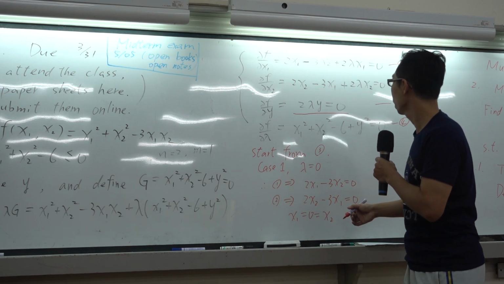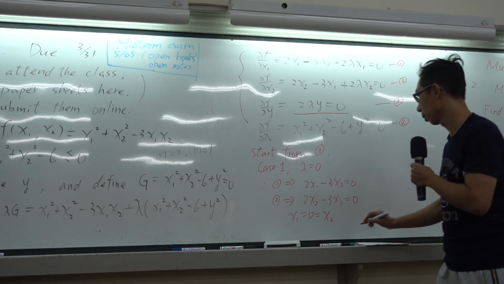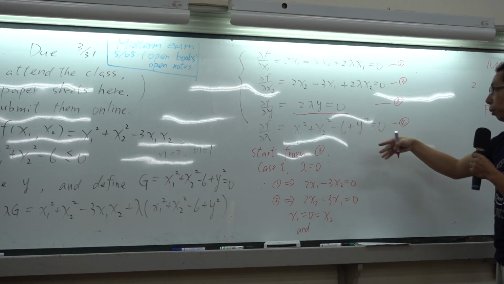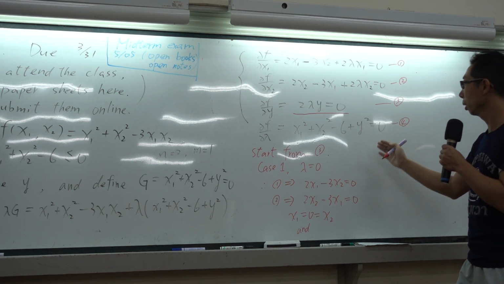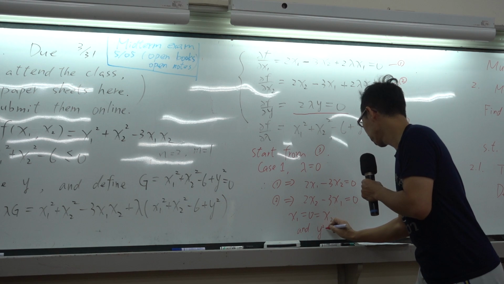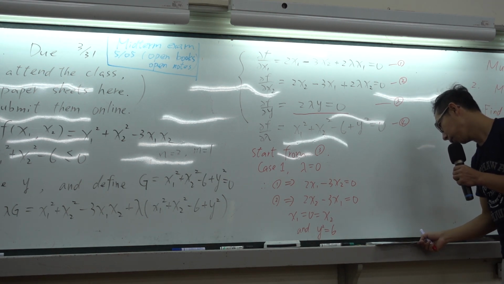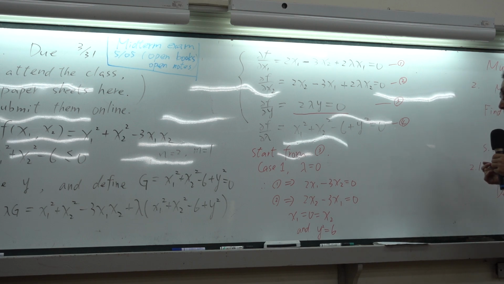And if both x1 and x2 are zeros, then y squared equals 6. So that's the first case.